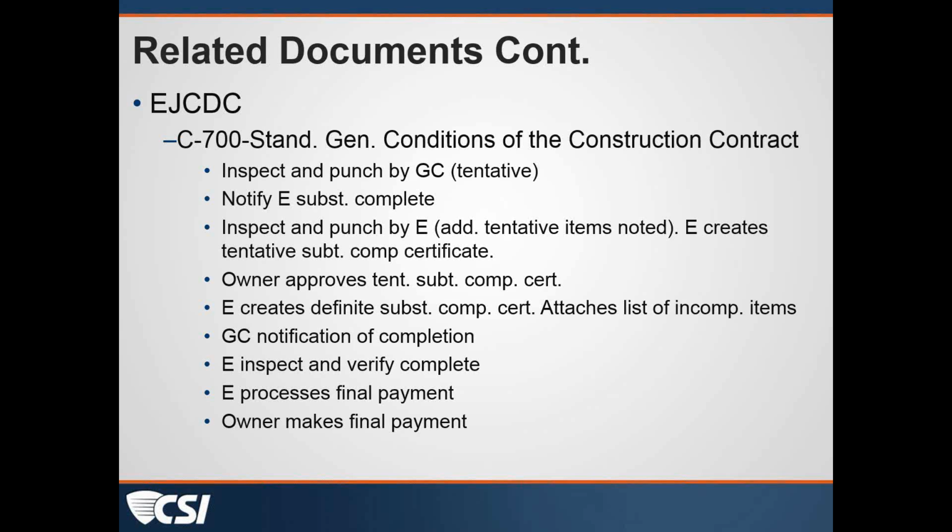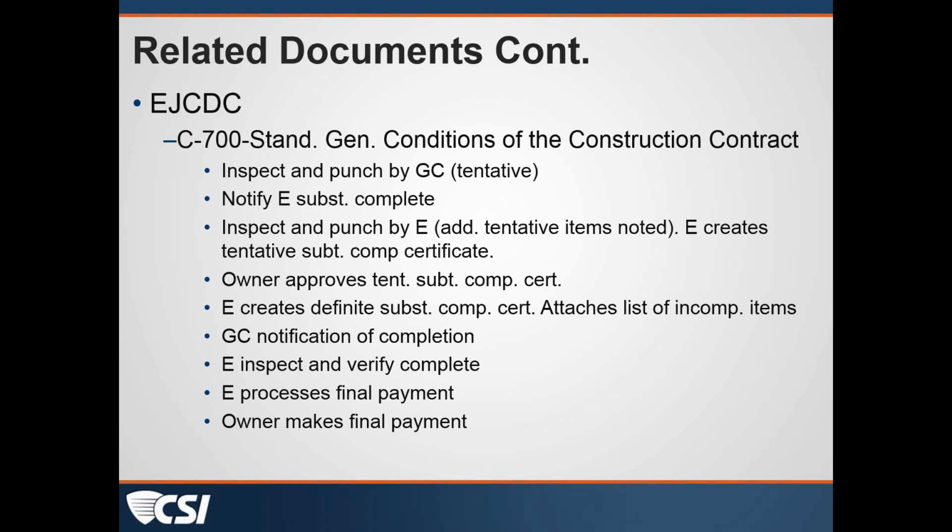Once the work is complete, and the general contractor notifies the engineer that they are complete, the engineer then inspects and verifies that that work is completed and is able to make a recommendation to the owner for final payment that the owner then provides to the contractor to close the project out. So those two documents that outline closeout are very similar, but just slightly different.